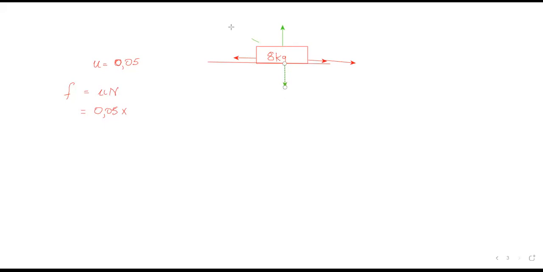Now, let's label that. This will be the weight, which is equal to mg, the mass multiplied by gravitational acceleration. And that will be the normal force, which is equal to the weight.